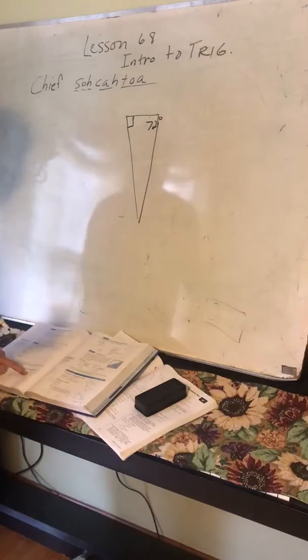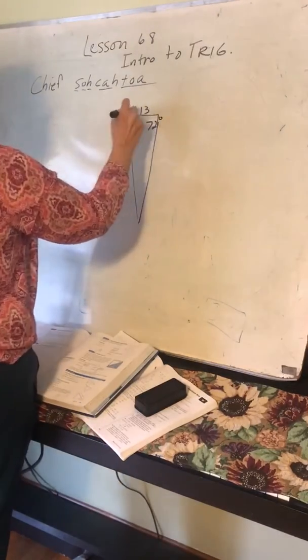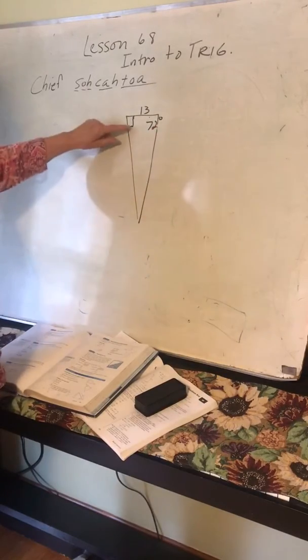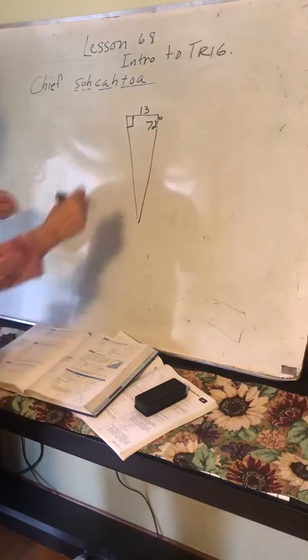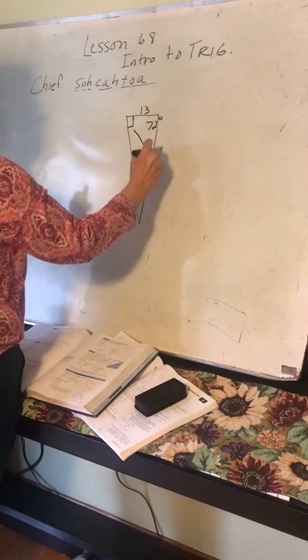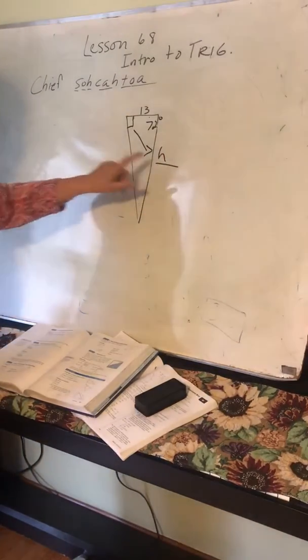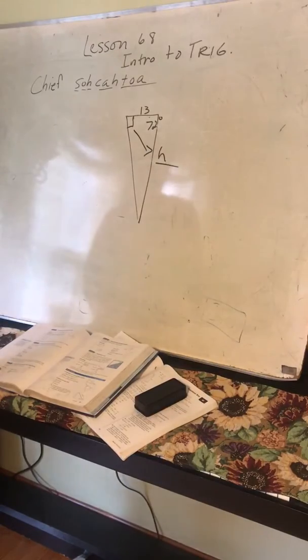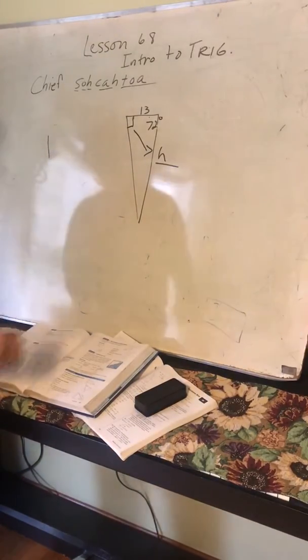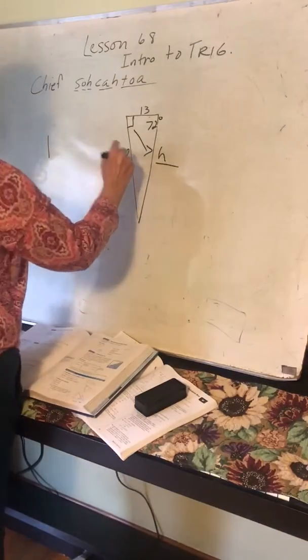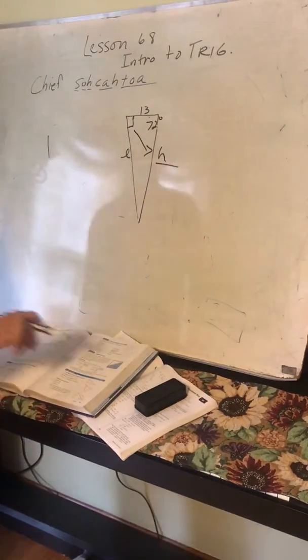This is 13. Okay, so this is our hypotenuse. Let's identify our sides. This is the hypotenuse, okay? We always want to remember that's the hypotenuse, this side right here. So they are saying use a tangent ratio to find the length of E right there.